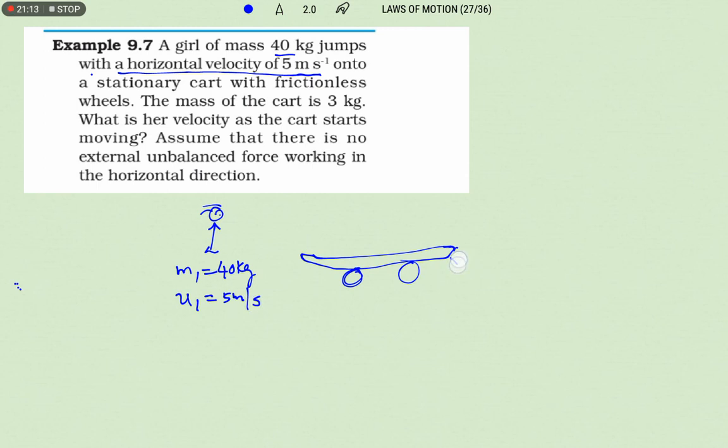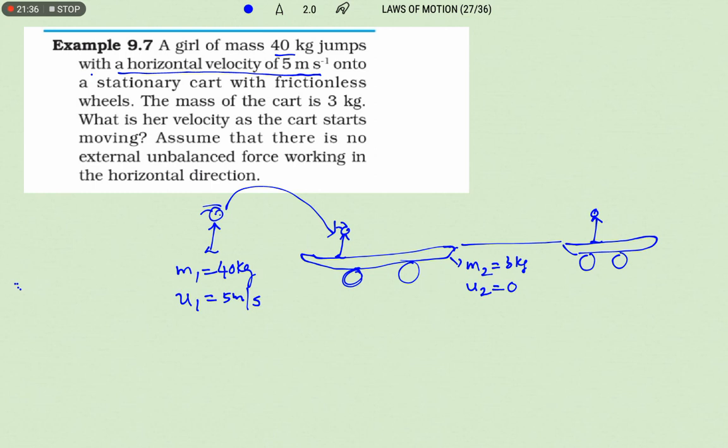Then it is given that the mass of the cart is 3 kg and it is at rest. So when she jumps on it, along with the cart, the girl is also set into motion.